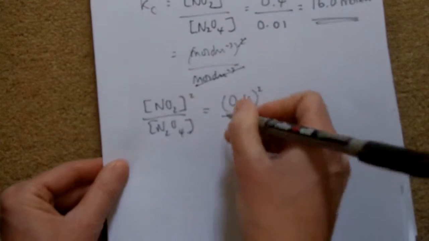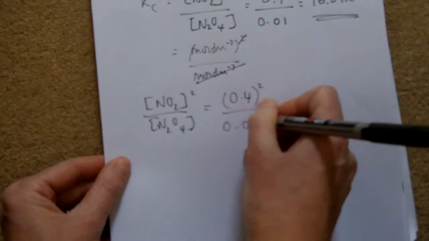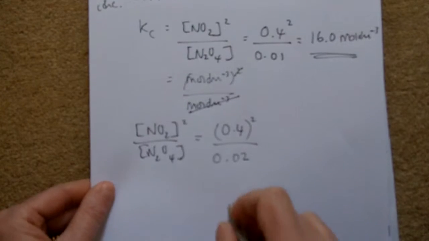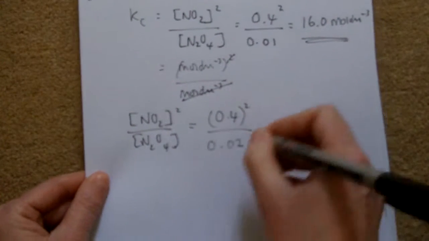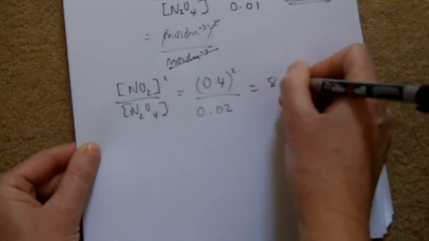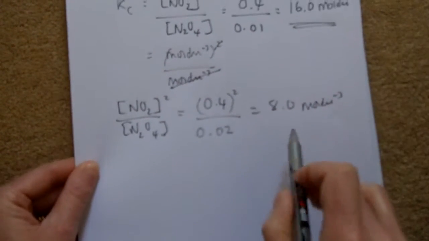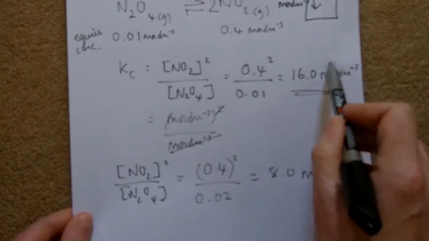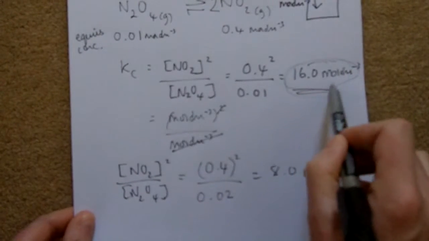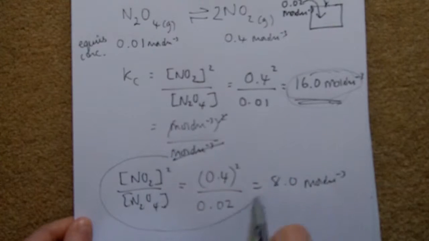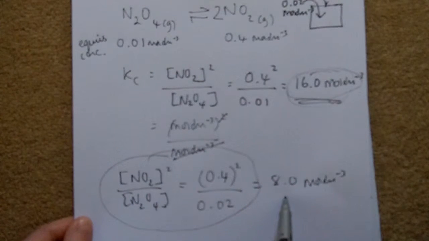But the N2O4, we've doubled it. We've taken the lid off and we've put more in. If you calculate that, that comes to 8 moles per decimeter cubed. That is not Kc. Kc is 16 at equilibrium. This expression now is 8.